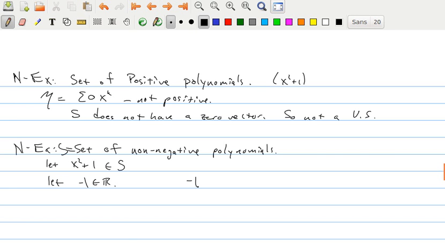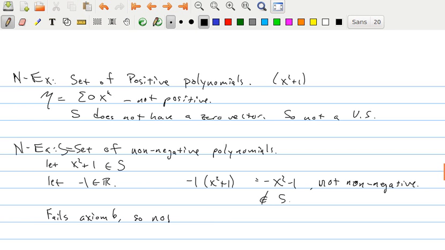If I multiply these together, if I take negative 1 times x squared plus 1, I get negative x squared minus 1, which is not non-negative. So in other words, it's not back in our set again. So that means our set is not closed under scalar multiplication, so it fails axiom 6, so it's not a vector space.